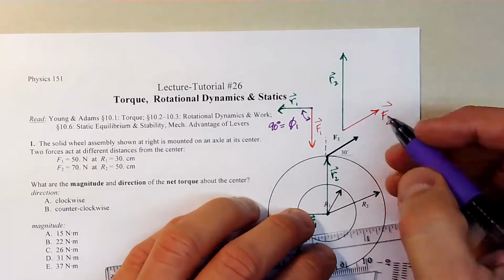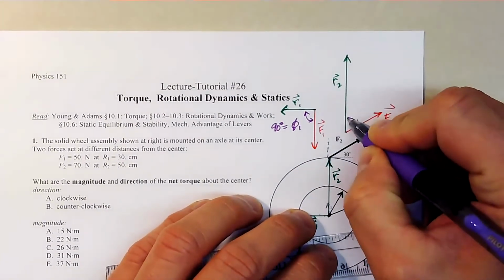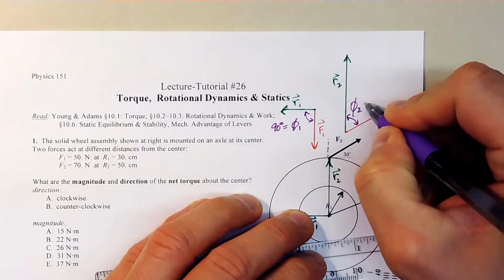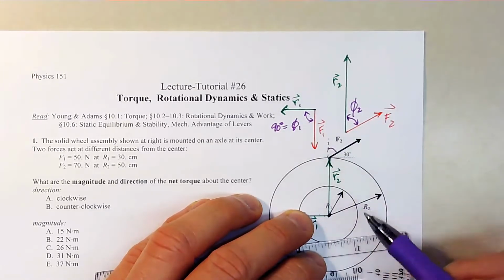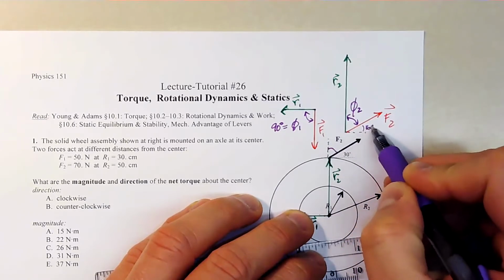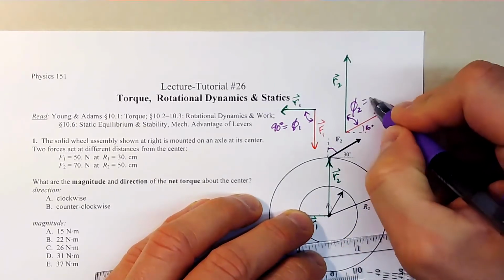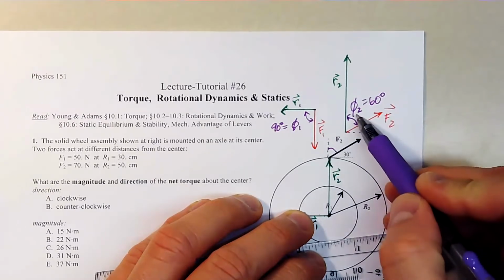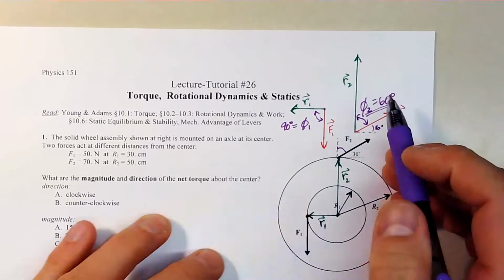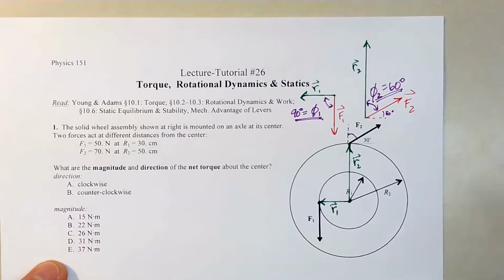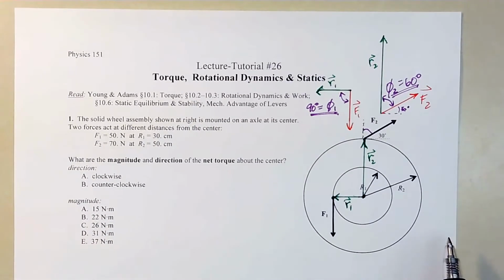And I can now see by inspection that that angle right there, phi, looks like this angle right here. And indeed, if this is 30 degrees, then that has to be 60 degrees. All right, so now I know what phi is for force 2. I know what phi is for force 1. So that'll allow me to now calculate what the torques are for those two forces.